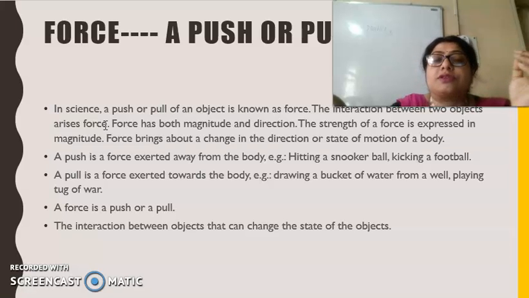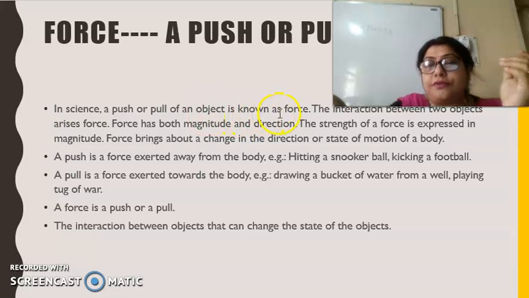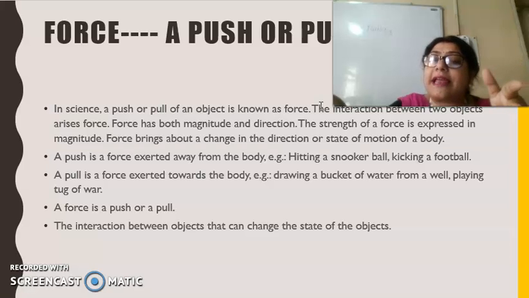A push or pull on an object is known as force, and the interaction between two objects gives rise to a force. Force has both magnitude, which you can calculate, and a specific direction: the direction in which you are applying the force and in which you want the body to move. That depends upon the application of force.